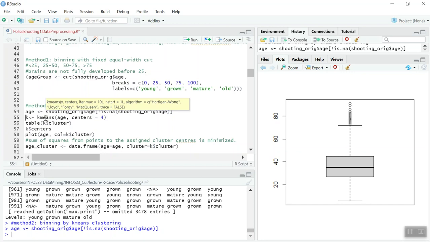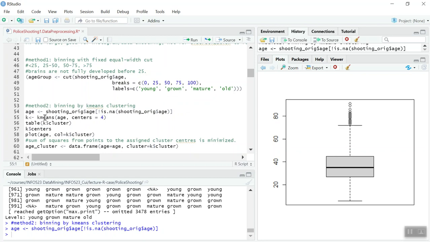K-means is probably one of the most well-known and widely used clustering algorithms. However, in this class, you're going to learn that k-means has all kinds of problems. It's the most intuitive, most widely used, but it definitely has lots of problems. We're going to use k-means as one of the simplest methods to just discretize this one-dimensional data, the age.